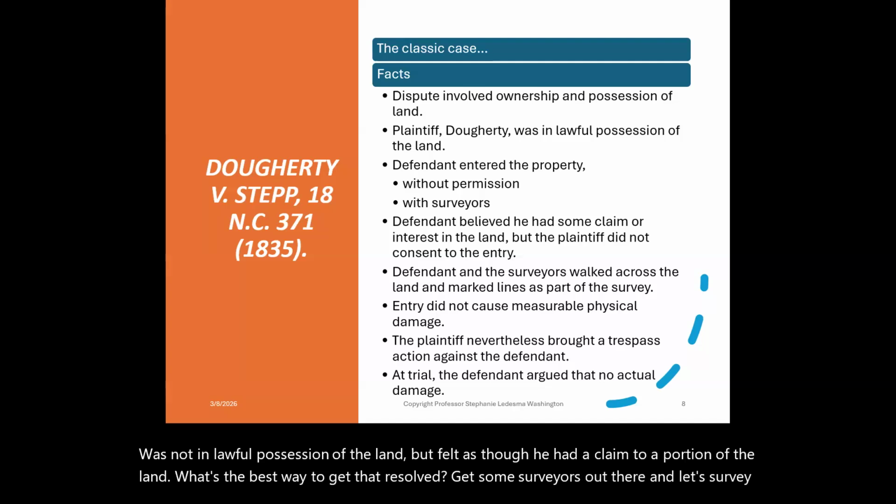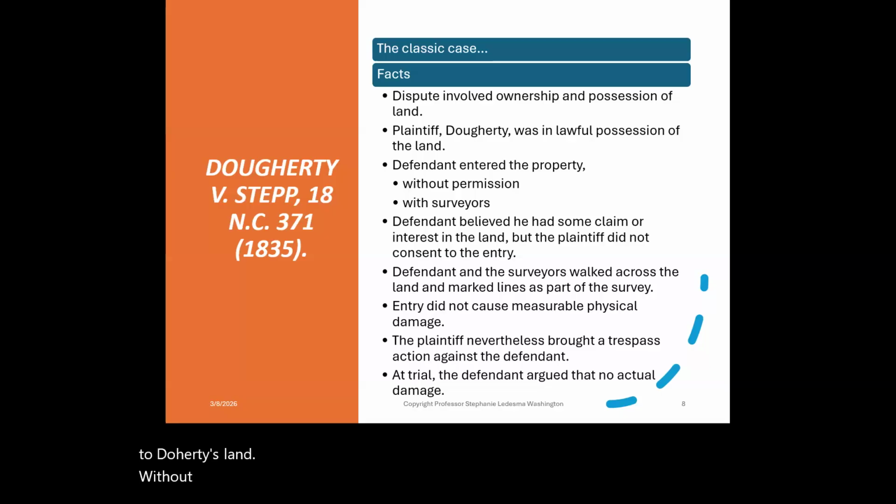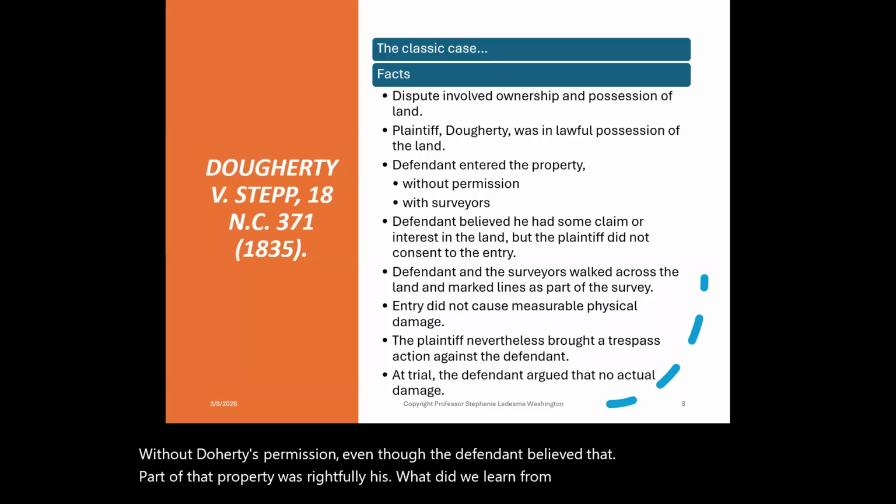What's the problem? The problem is Mr. Stepp and the surveyors went on to Doherty's land without Doherty's permission, even though the defendant believed that part of that property was rightfully his. What do we learn from first semester with intentional torts, right?